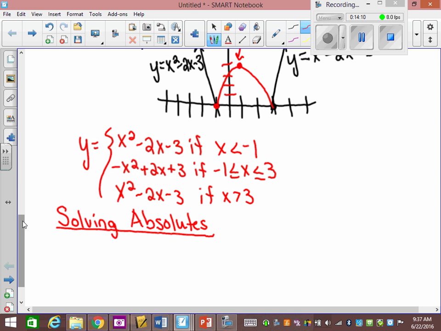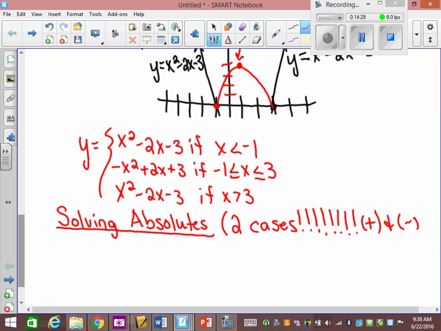And because every negative and positive case becomes positive, because it's the distance from 0, when you solve the absolutes, you get two cases. On the test, I can't tell you how many of you always give me one case. A positive and a negative. You always get two cases, always, always, always.